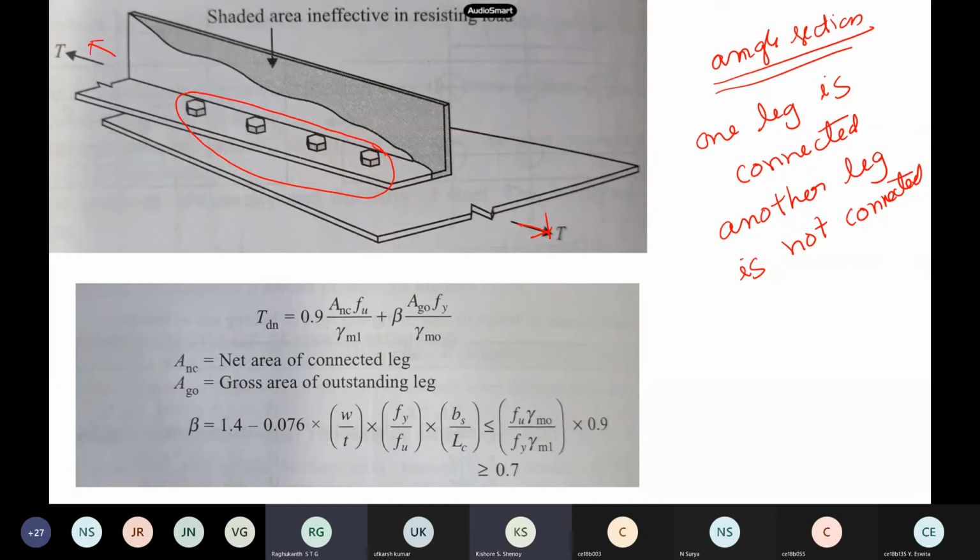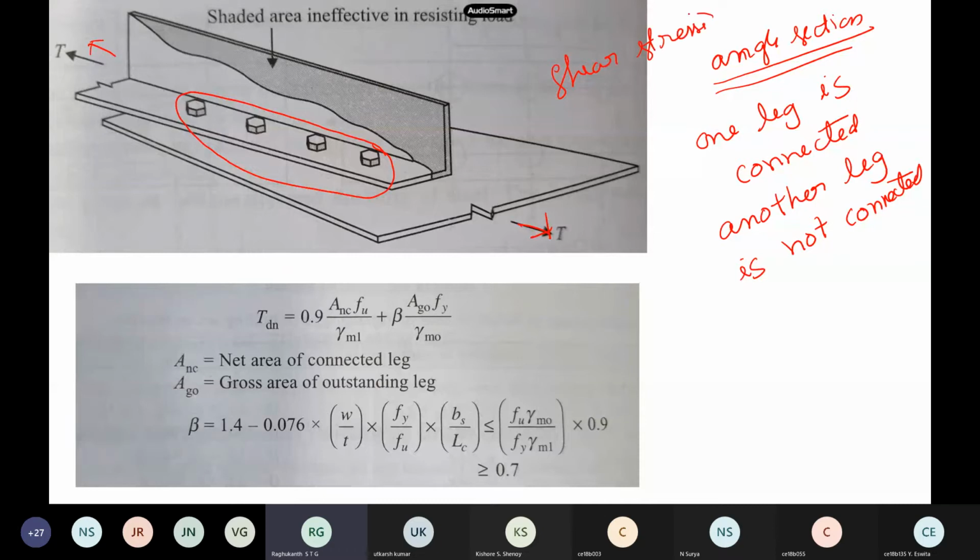How is it getting transferred? Through bolts only, but what type of stresses? Although it is a tensile stress, how is it getting transferred? Are these bolts also in tension, or what is happening? Shear. Shear, excellent. Although we have tensile stresses here, near the connections they are getting transferred to your angle section as shear stresses only.